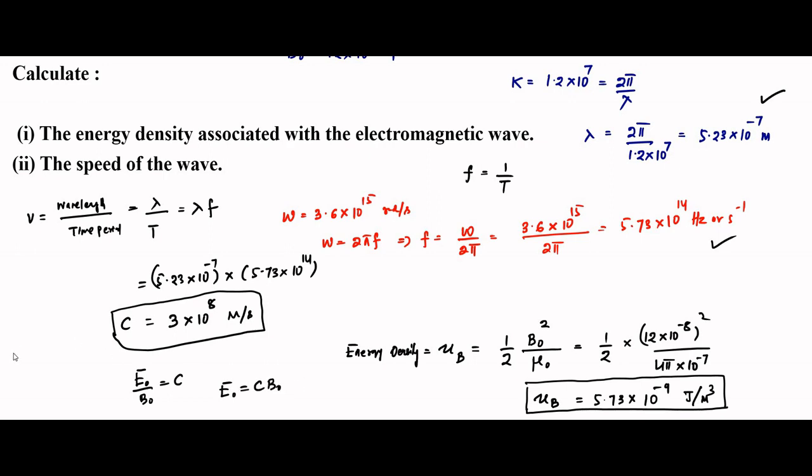Then you could have calculated the energy density in terms of the electric component, UE = 1 by 2 ε0 E0 squared, where ε0 is the absolute permittivity and E0 is the amplitude of the electric component of the electromagnetic wave. You would have got the same result, but here B0 is directly given, so in order to save time we did that, the obvious choice.